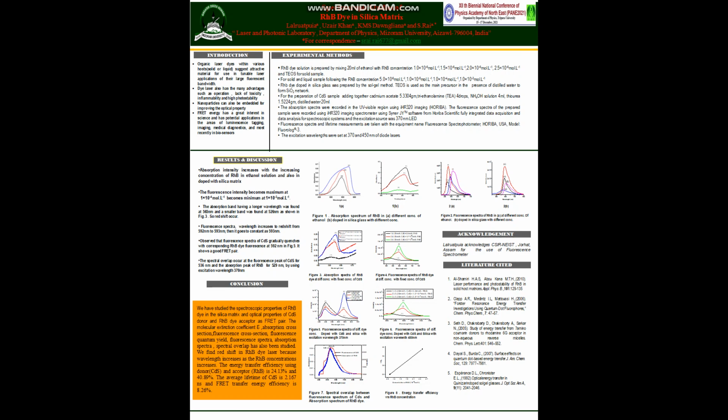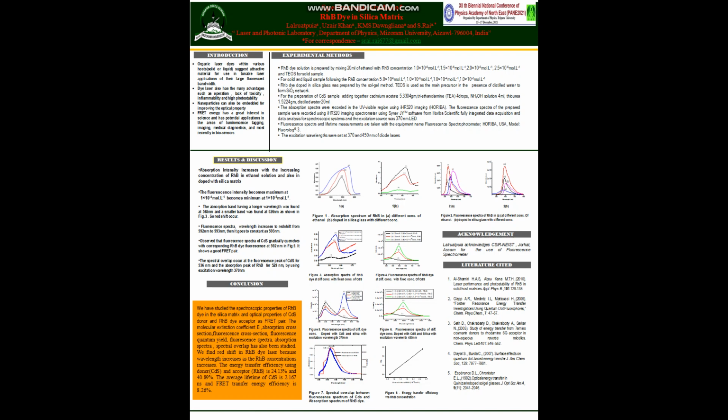So for our experimental method, we follow the sol-gel method for our sample preparation. Rhodamine dye solution is prepared by mixing 20 ml of ethanol with rhodamine B at concentrations from 10 to power minus 6 to 10 to power minus 3. For forming silica, we use TEOS as our main precursor in the presence of distilled water.